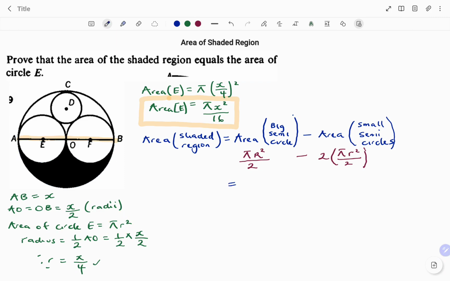So simplifying, we already found the radius of the big semicircle to be x over 2, so I'm going to slot that in. I have pi in bracket x over 2 all squared, that's the radius, all divided by 2, minus, if I simplify here, 2 in 2, that's 1, so I only need pi r squared, and that will be pi times the radius for the small semicircle, which is x over 4, so I have x over 4 all squared.